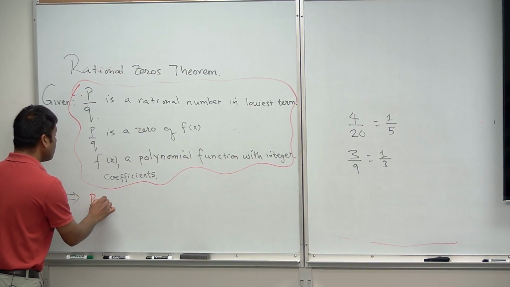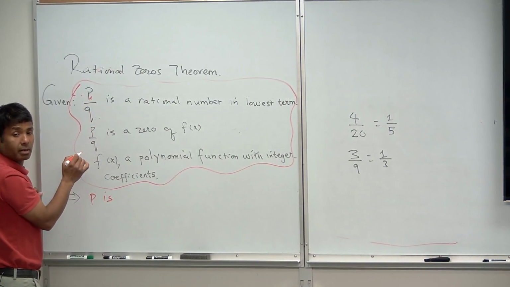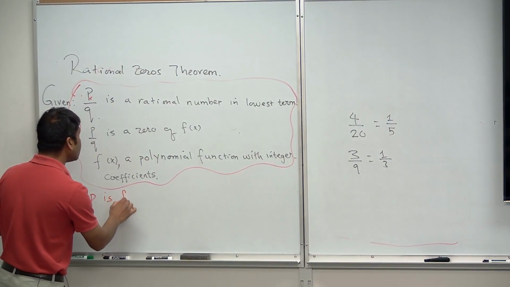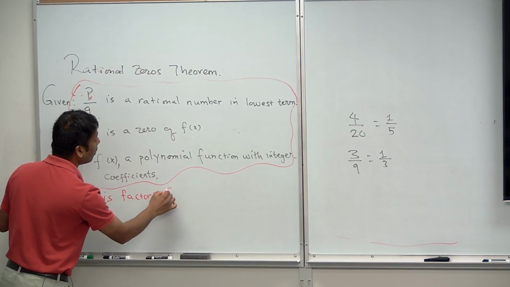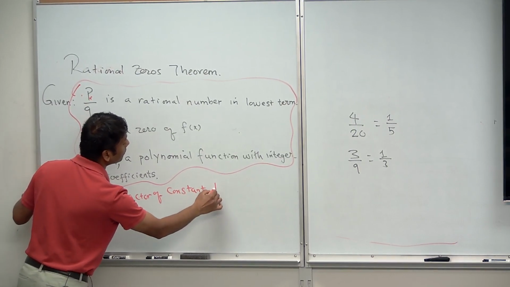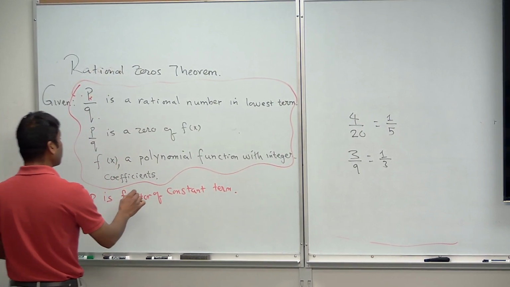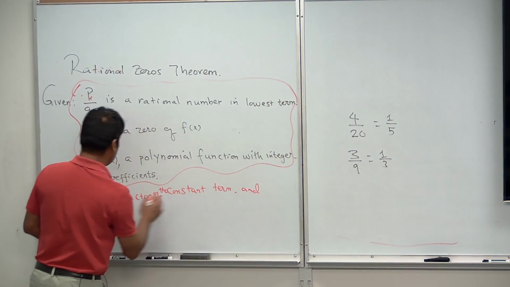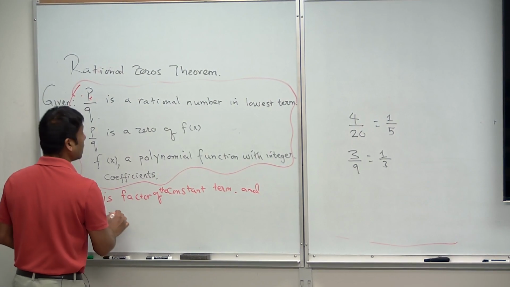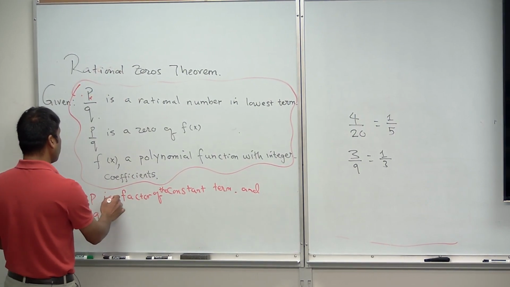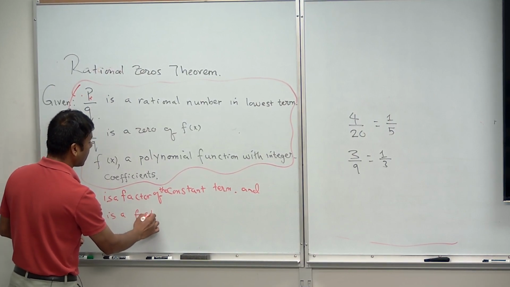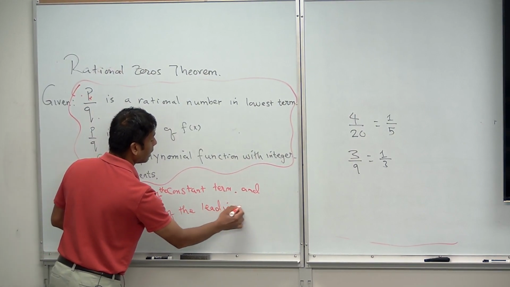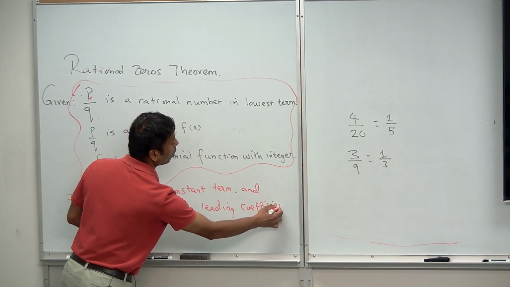Then this P, the numerator of the rational number, is a factor of the constant term, and Q is a factor of the leading coefficient.